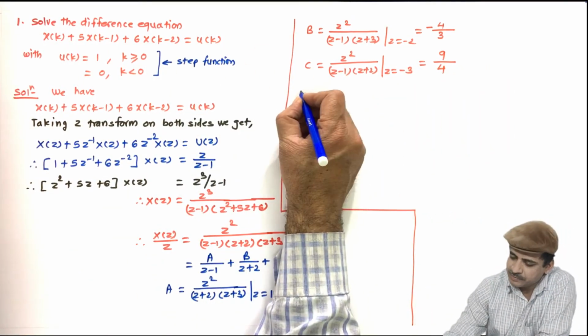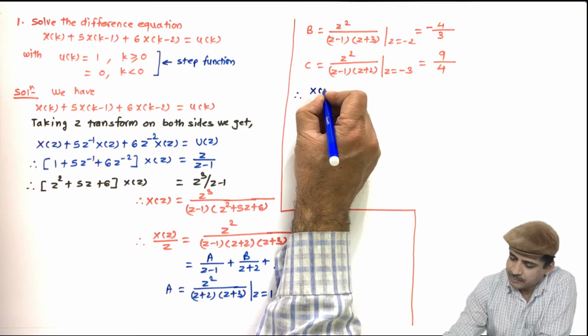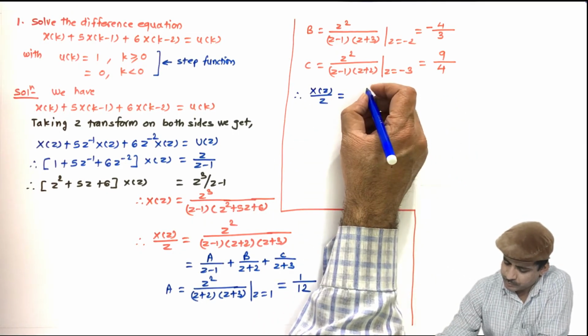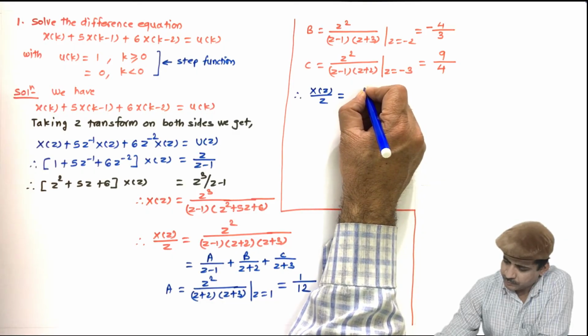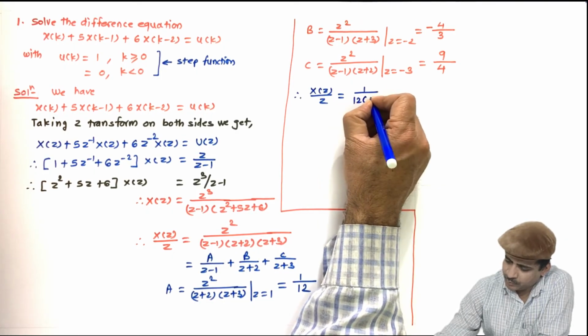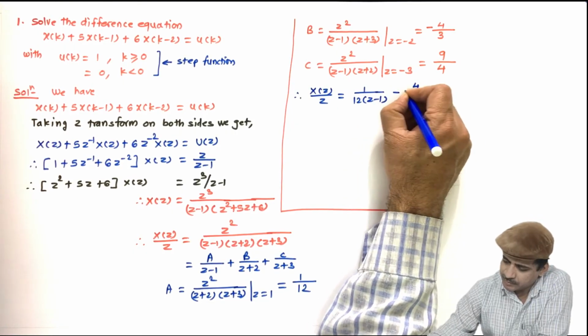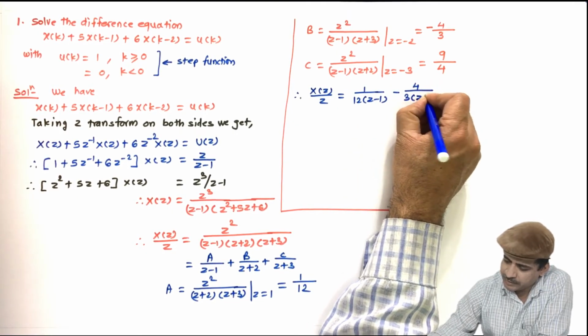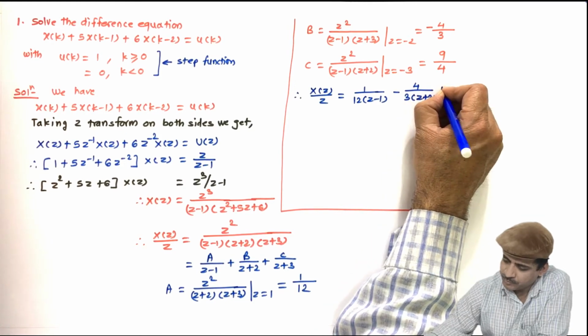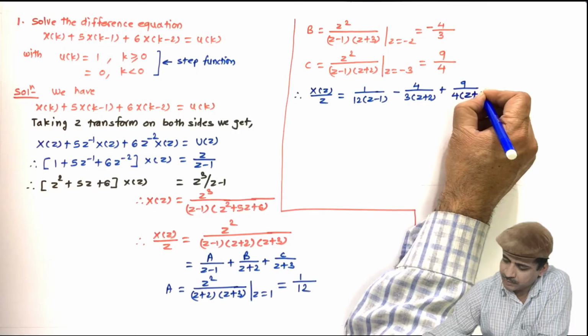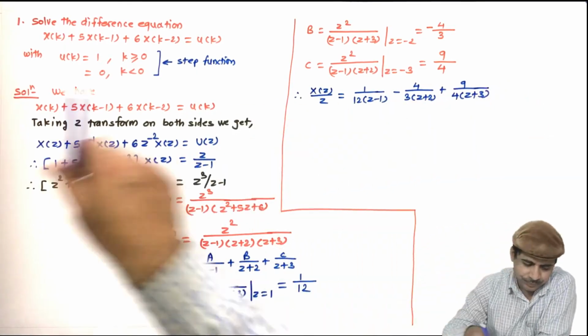And that means x of z by z is equal to 1 by 12 into 1 upon z minus 1, minus 4 by 3 into 1 upon z plus 2, plus 9 by 4 into 1 upon z plus 3.